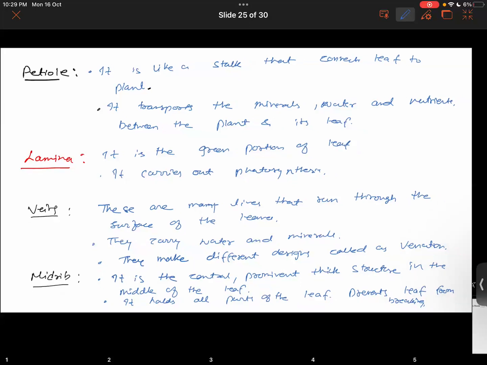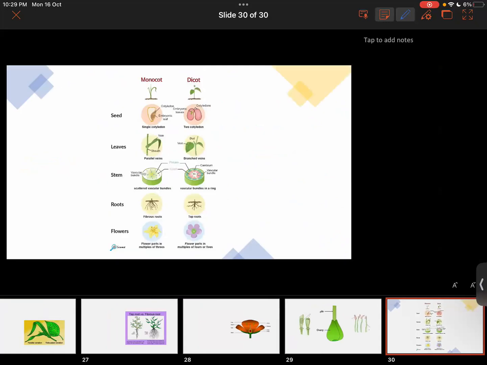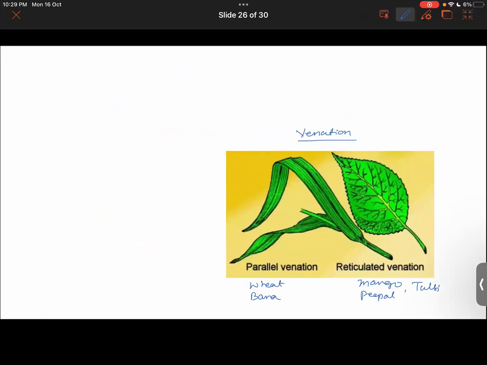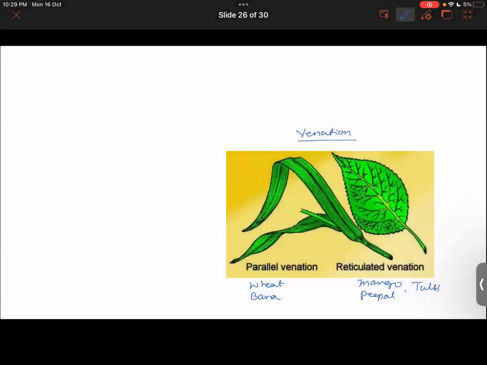And as I said, the plants having parallel venation will be different from the ones having reticulate venation in other aspects as well. They will have differences in roots, or the seeds might also be different. There will be some different characteristics in other aspects as well, so that we'll be discussing.